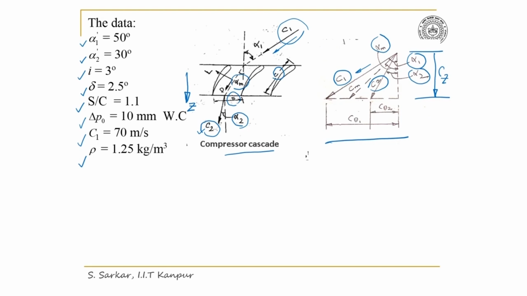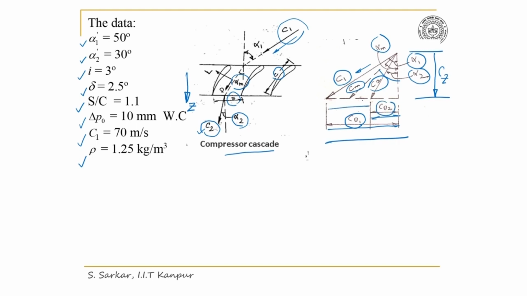Look, this is the alpha m, and this is the vectorial mean velocity Cm. C theta is the tangential component, so this distance would be equal to C theta 1, and this distance is nothing but C theta 2.